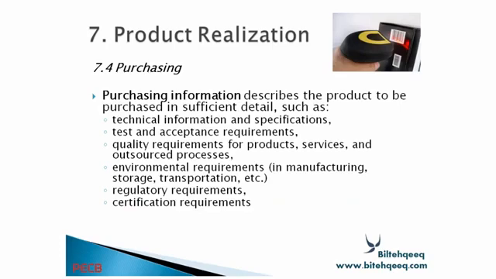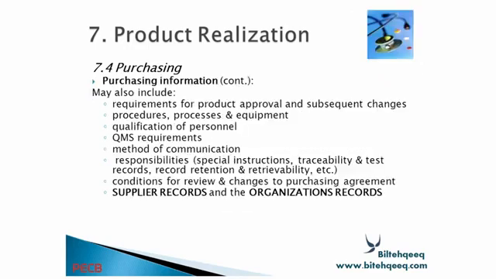So when you are purchasing anything, you have to describe each and every piece of information, and each and every requirement which is necessary for you and can impact the quality of your product, or maybe you have to fulfill some regulatory requirements.